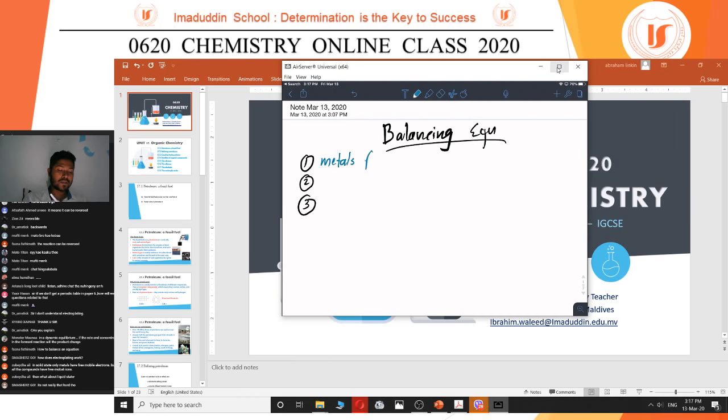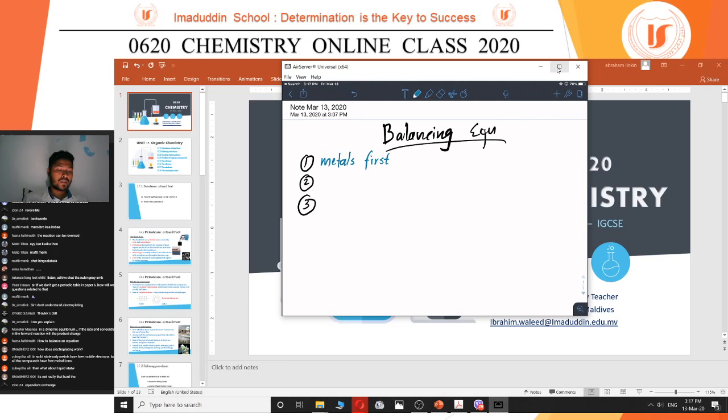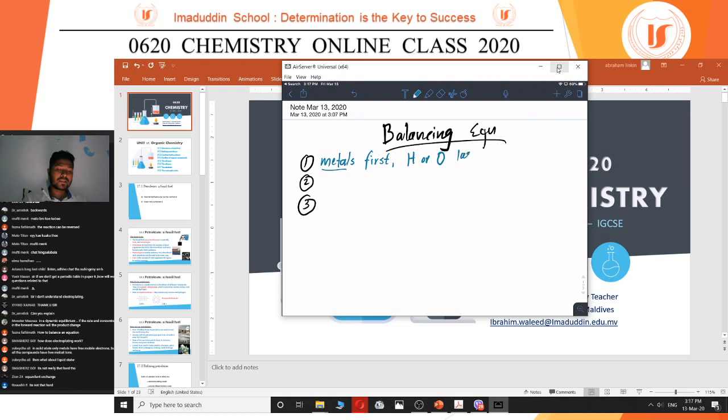Always metals first. If you have any equation that has a metal, always balance metal first. If you have hydrogen or oxygen, make it the last one. That is the first thing that you have to keep in mind.